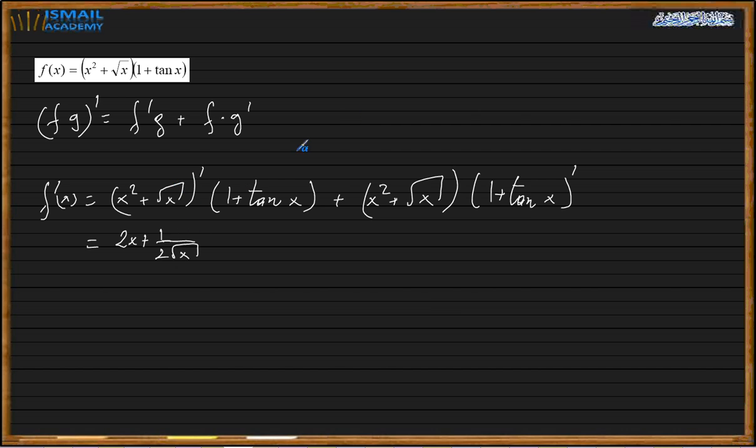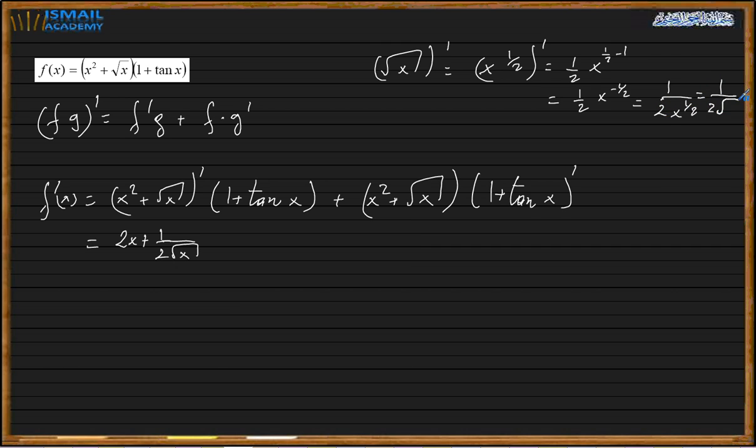So the derivative of square root of x is x to the 1 half prime, which is 1 half x to the 1 half minus 1. So it's going to be 1 half x to the minus 1 half, which is the same thing as 1 over 2x to the half, 1 over 2 square root of x.